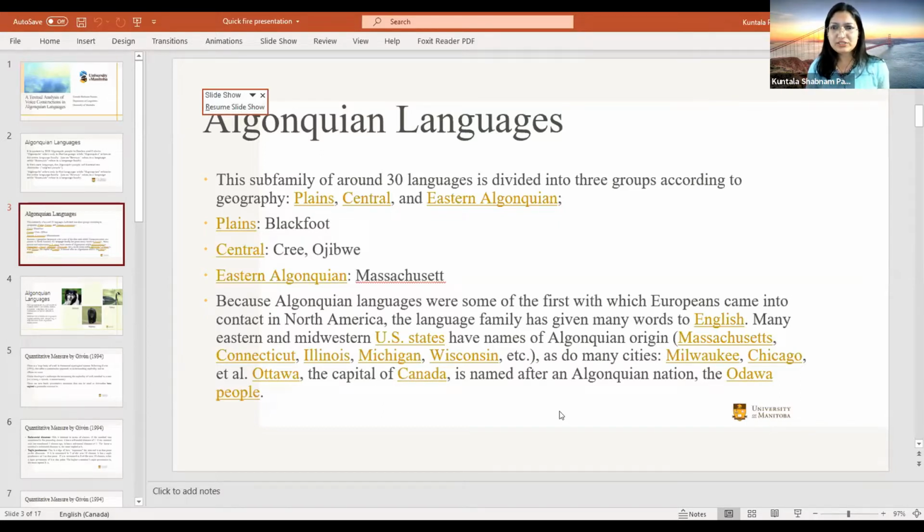It's very interesting to know that many of the Eastern and Midwestern US states have names of Algonquian origin, like Massachusetts, Connecticut, Illinois, Michigan, etc. And some cities like Milwaukee, Chicago, etc. And Ottawa, the capital of Canada, is named after an Algonquian nation, the Odawa people.